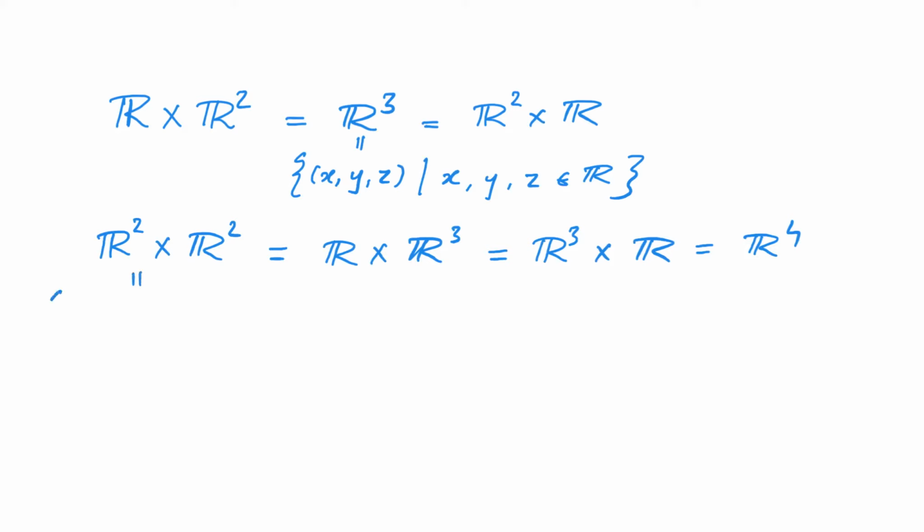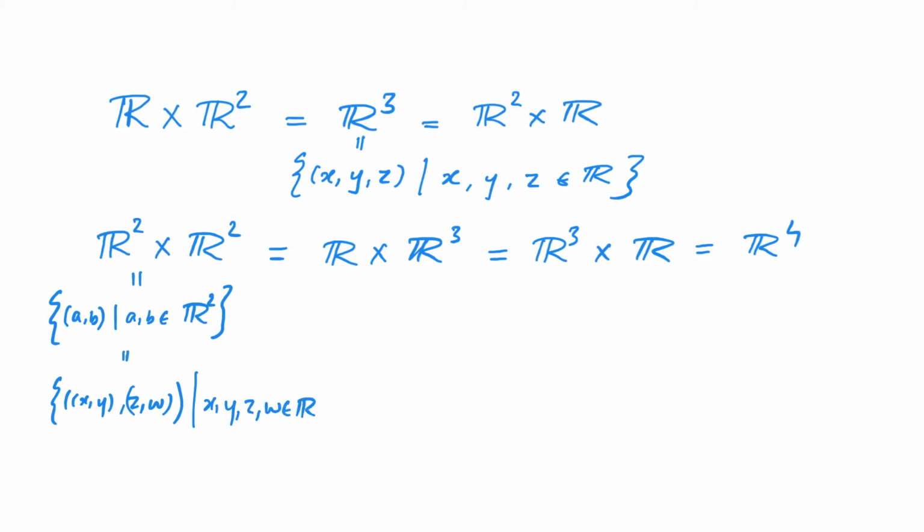R2 cross R2 stands for (A, B) such that A, B both belong to R2. But this can be rewritten as tuples ((x, y), (z, w)). So there are two tuples (x, y) and (z, w), and it's the pair of these such that x, y, z, w belong to R.